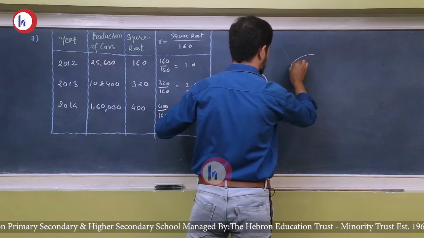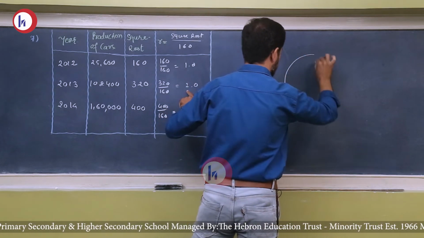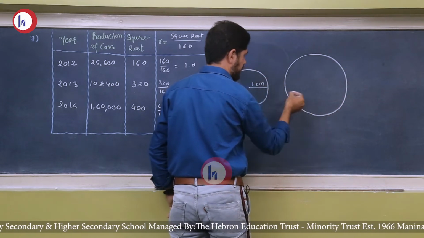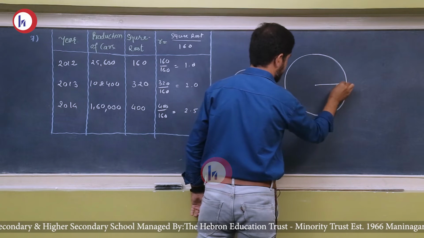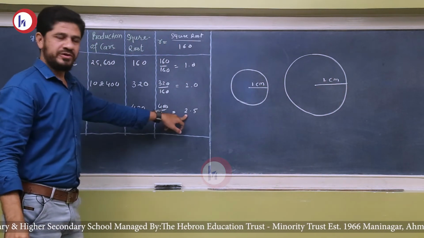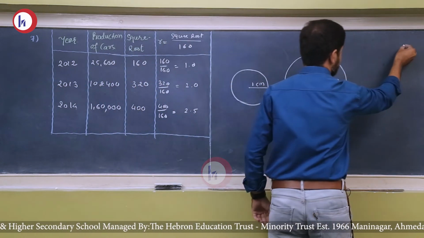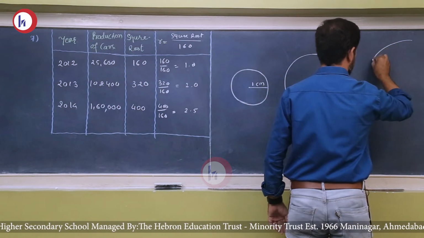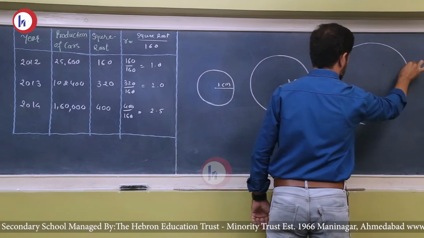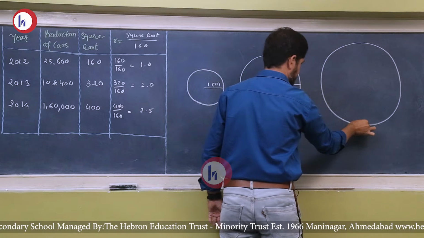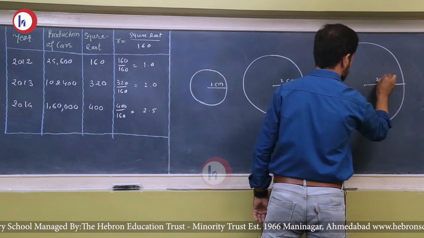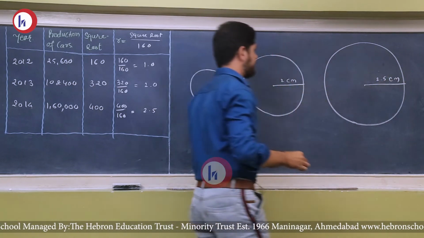So we'll draw a circle whose radius is 2 centimeter. And finally the third one whose radius is 2.5 centimeter.